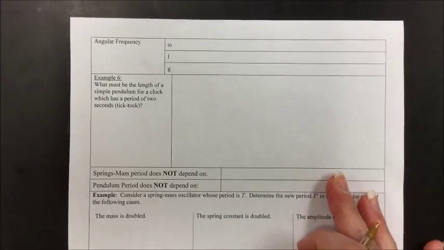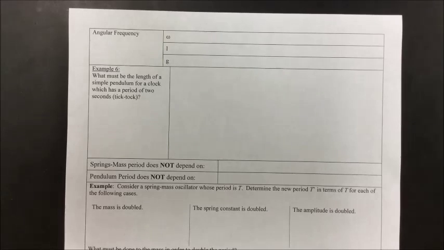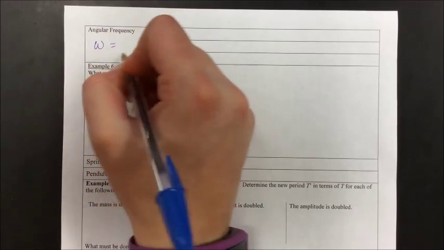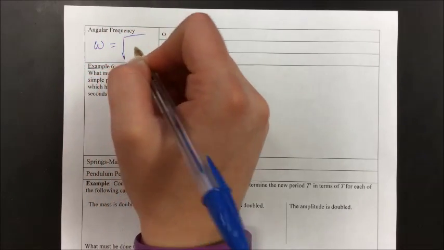So then we can do the same thing that we did with the spring mass oscillator with our angular frequency. We're going to take just the inverse of what's inside.